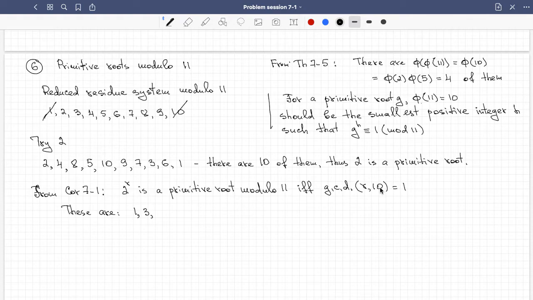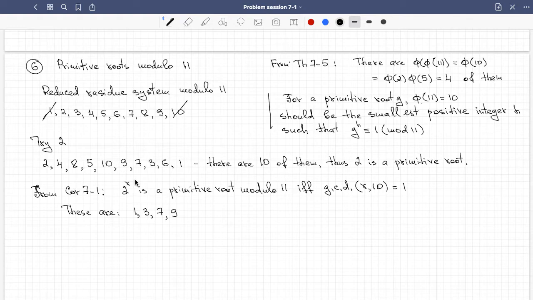Both are divisible by 2. 7 is relatively prime to 10. 8 is not relatively prime to 10. Both are divisible by 2, but 9 is. So this way we found 4 values of R as expected.